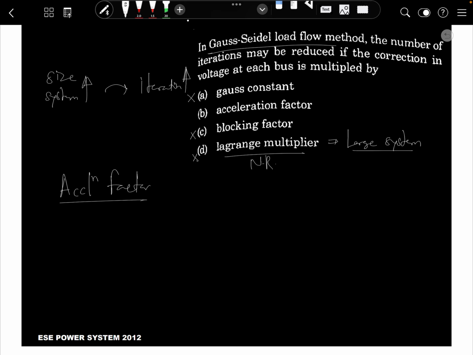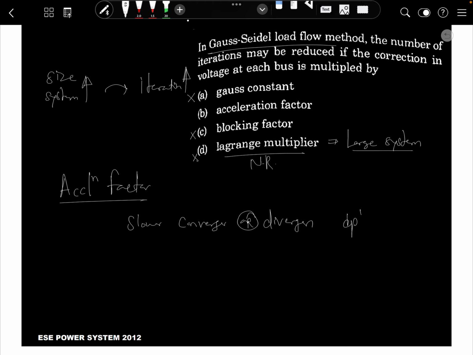Acceleration factor actually makes this method converge, and it also slows the convergence or divergence.